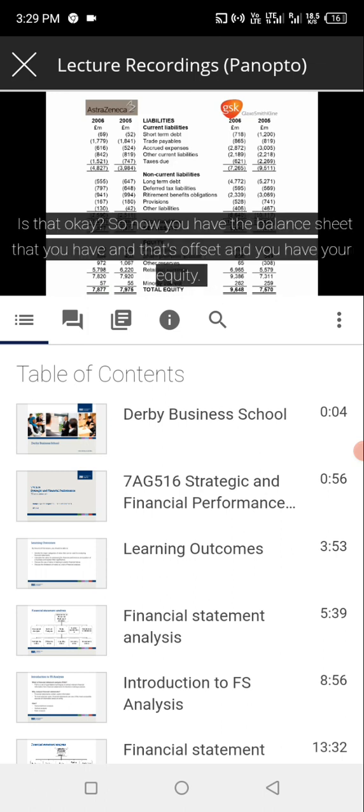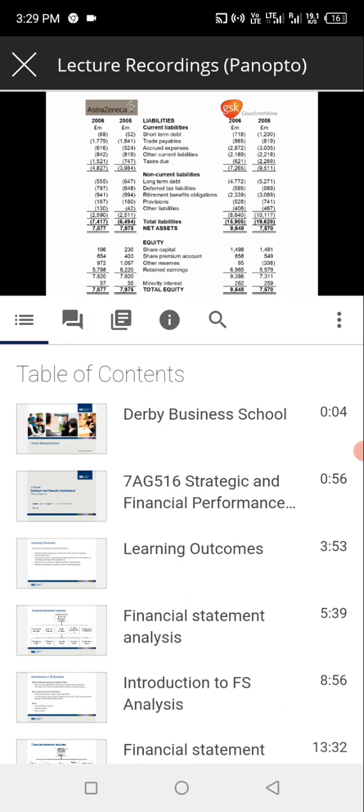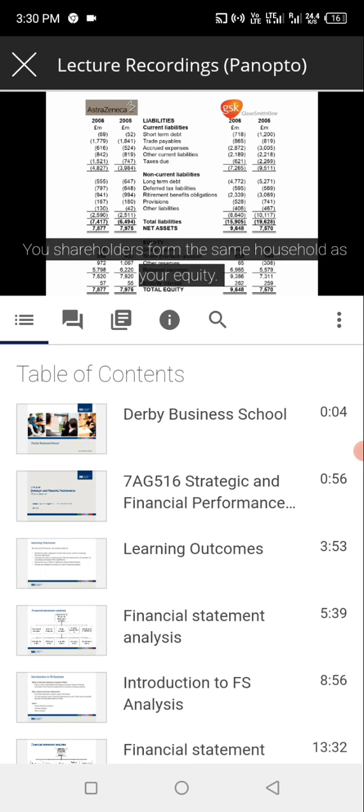So now, you have the balance sheet, then you have the net asset, and you have your equity. Look at it. Your equity is the same as the shareholders' fund. Bear that in mind.